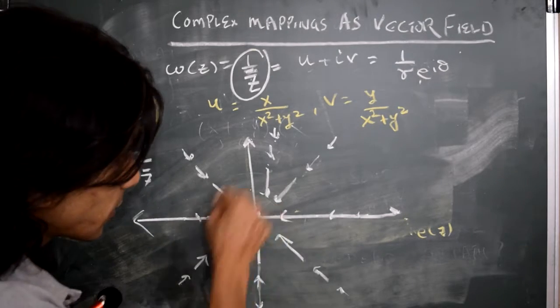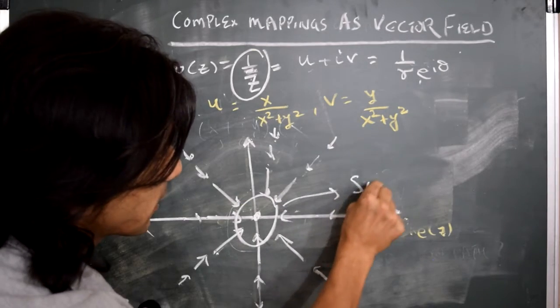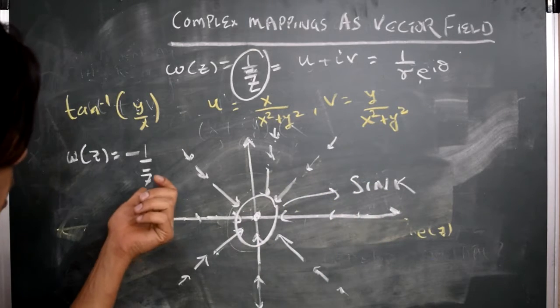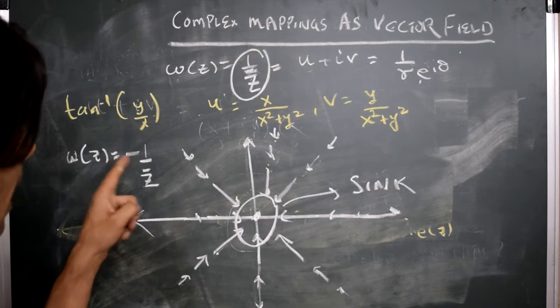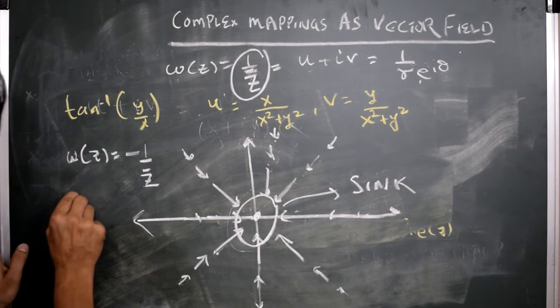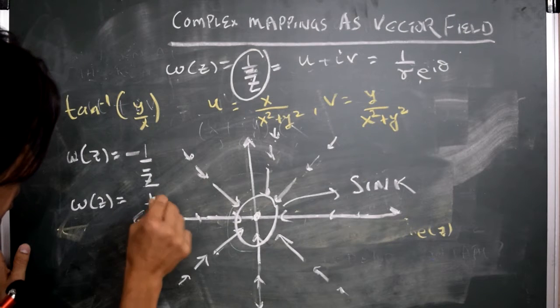So this kind of vector field is associated with something called a sink. You get the sink by considering the vector field for the mapping w(z) equals minus 1 over z bar, and a source you get when you consider the mapping w(z) equals 1 over z bar.